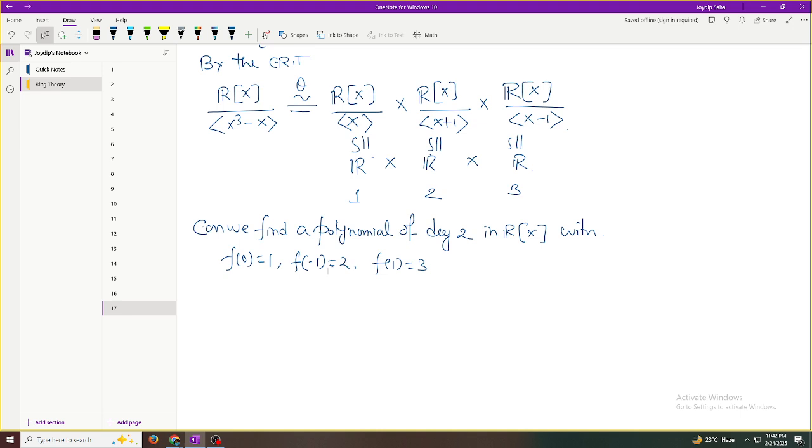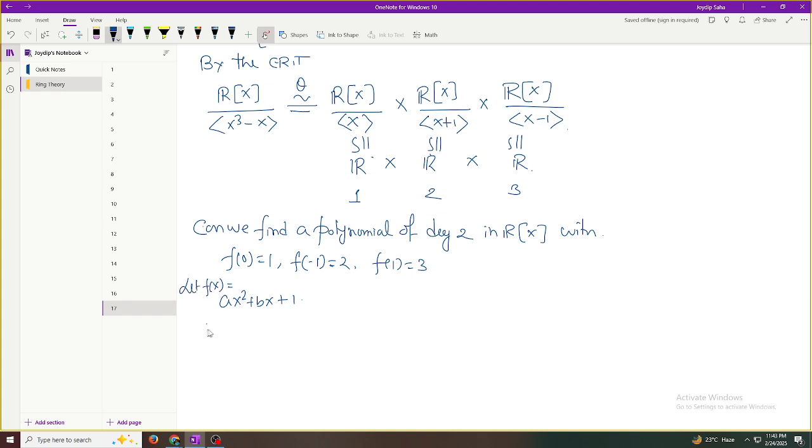Then I solve for alpha and beta. Let me write it as a x square plus b x plus 1, let this be f(x).